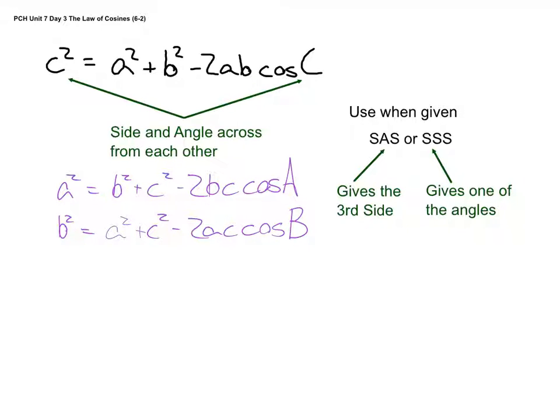Do we need to memorize three different formulas? No. There's nothing special about which side is named a or b or c. Just the cosine has the same letter with the big letter. The angle that you're using has to be the one across from the side that's by itself. It's easy to remember. They're across from each other in the equation, and they've got to be across from each other in the triangle.